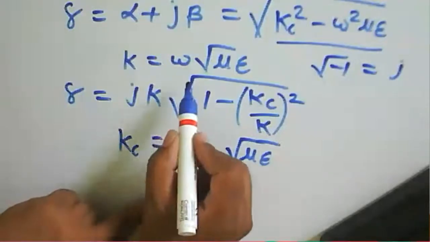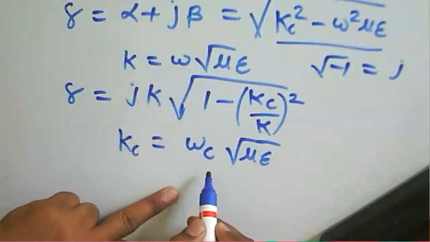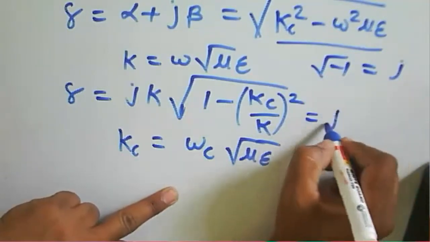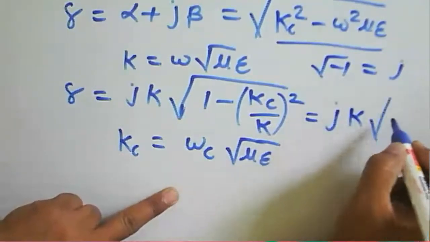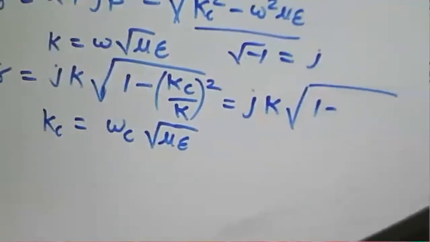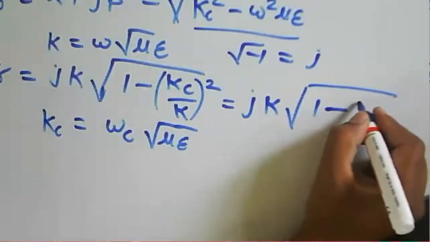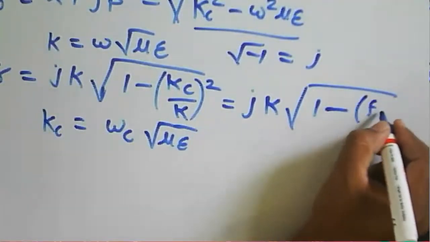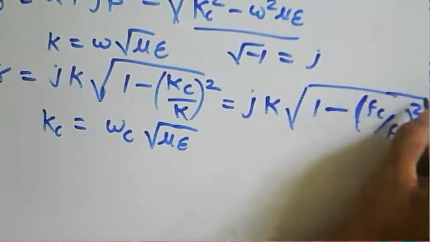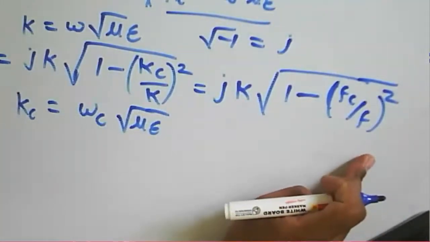If we say omega is equal to twice pi f, then this propagation constant expression, jk under root of 1 minus kc by k, will be jk under root of 1 minus bracket fc by f bracket square.